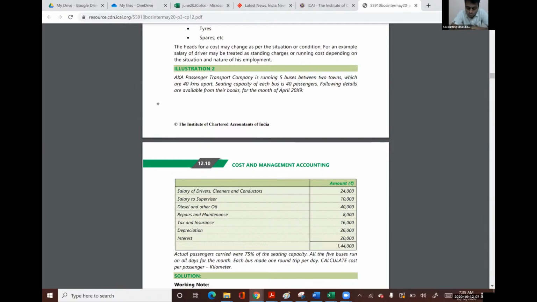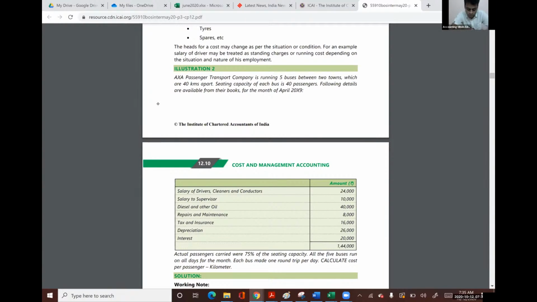Between two towns. So 40 kilometers you go and 40 kilometers you come. So total 80 kilometers, 40 into 2, 40 into 2 into 5 buses. Into 5 buses, right, guys? Isn't it? Yes, sir.